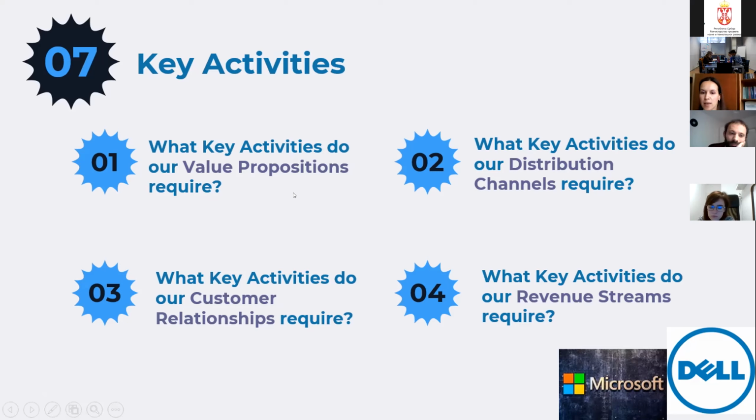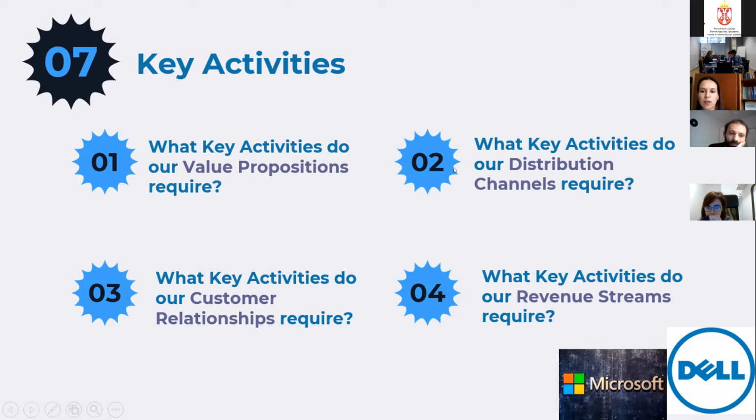And like in the case of key resources, key activities help the entrepreneur to create and deliver the value proposition, to target markets, to maintain relationships with customer segments, and to earn revenues.